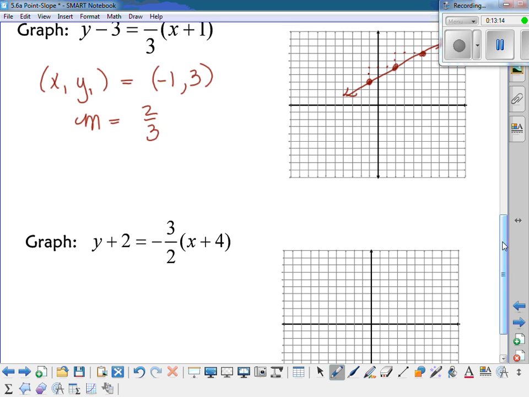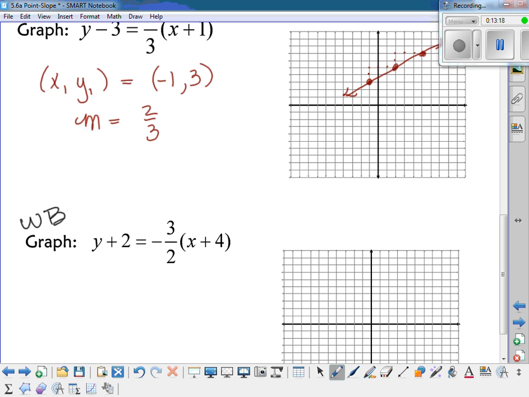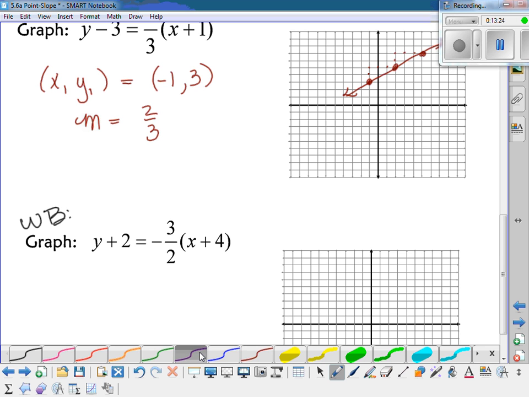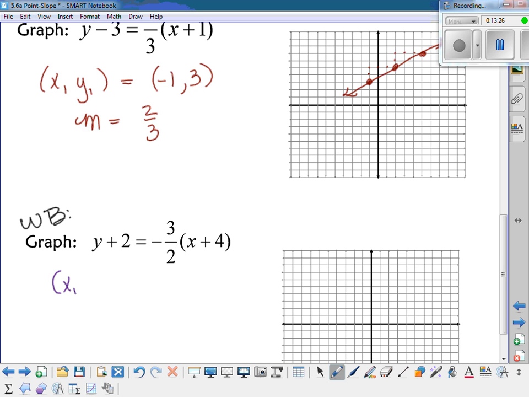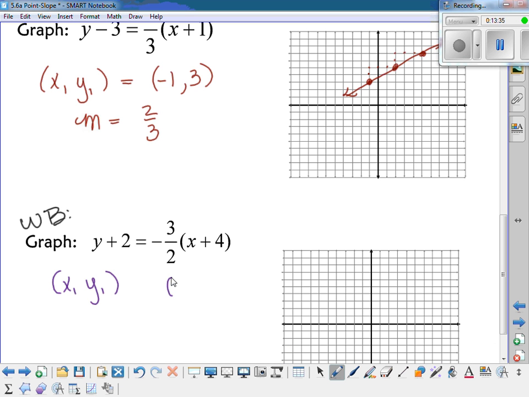So this is one for your whiteboards. First, show me the point. Before you do anything, at least show me on your whiteboards what your x sub 1, y sub 1 was. Okay, so x sub 1, y sub 1. The x had to have been negative, so it was -4.